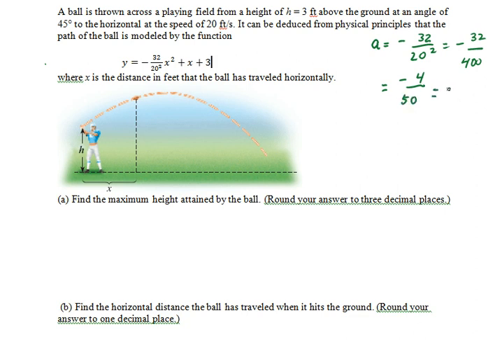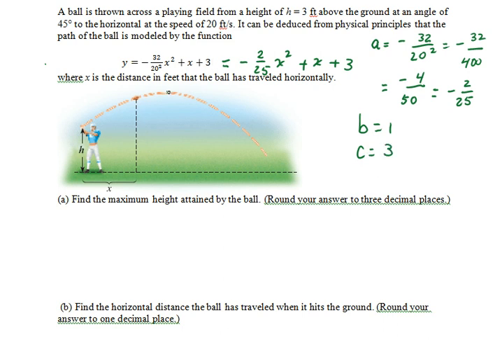We can divide both the top and the bottom by 2 to get that A in simpler terms would be -2 over 25. So I'm going to rewrite the function as -2 over 25 x squared plus x plus 3. The B is equal to 1 and the C is equal to 3.